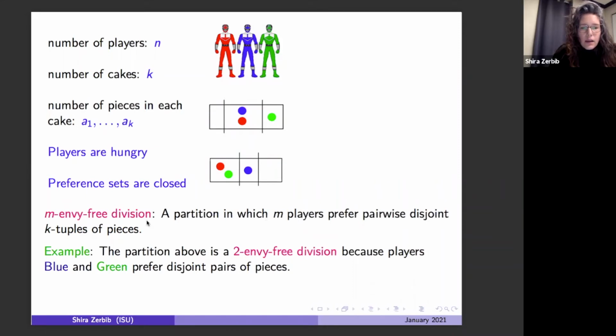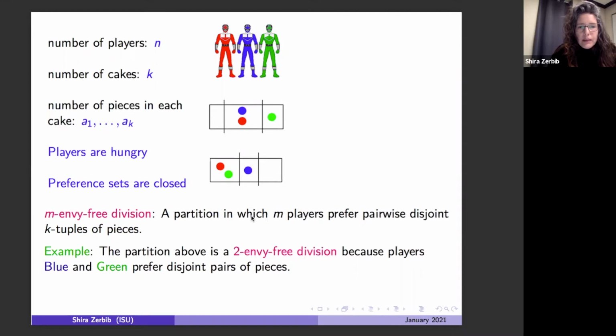In this notation, I eliminated the parameters n, k and A1 to Ak just because I assume we fixed them and we all know that these are the parameters. And now m will be the number that we are investigating. What is the largest number of players that we can guarantee that each one of them can get a disjoint k-tuple of pieces from the cakes?